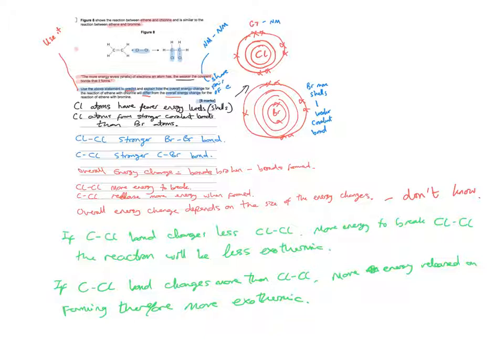We had to know what the overall energy change is about. But that's about it, and so you just work step by step through this process. It's a brilliant question because it doesn't use too much memory. However, it does require you to really understand everything that's going on here.